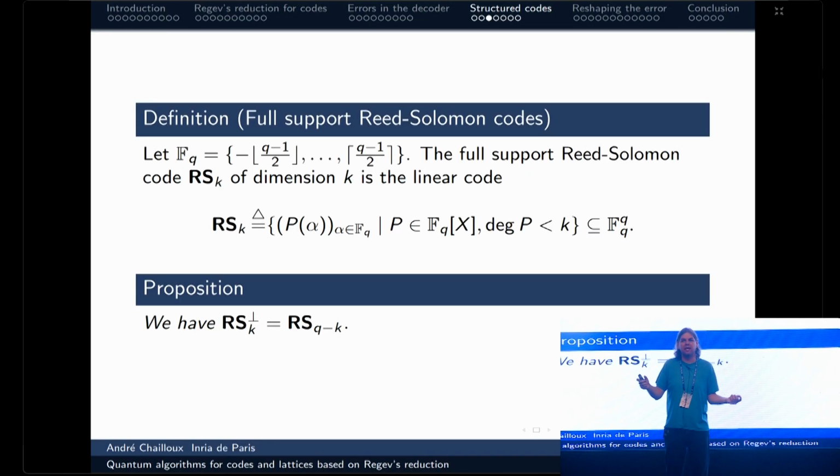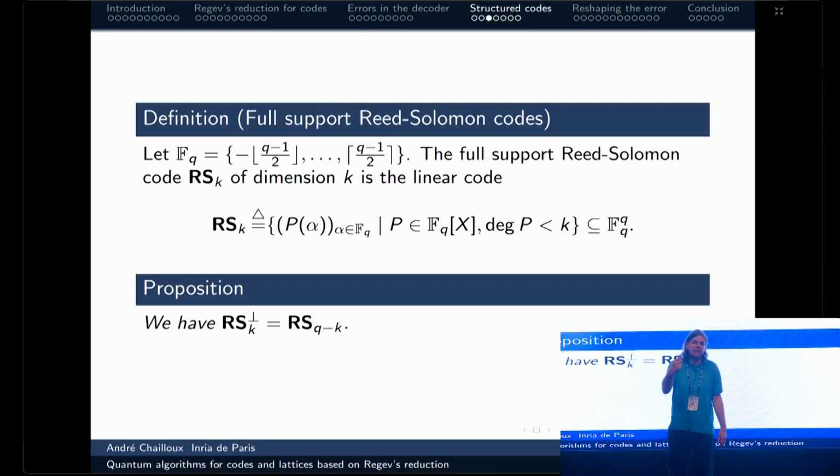So a codeword is a list of all the images P of alpha for all the elements alpha of the field. The set of all polynomials of degree strictly smaller than k is linear, because if you sum two such polynomials, you get a polynomial of degree less than k. So it constructs a code, and this is a very important code in coding theory.